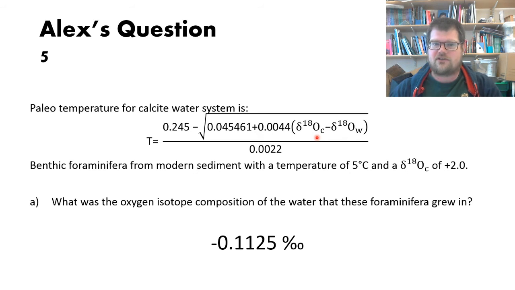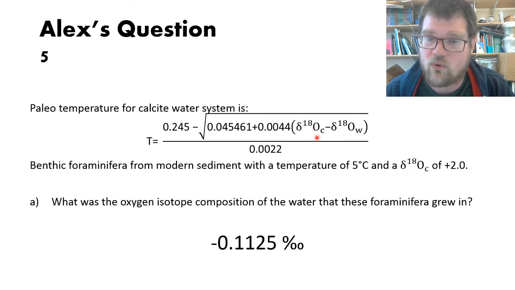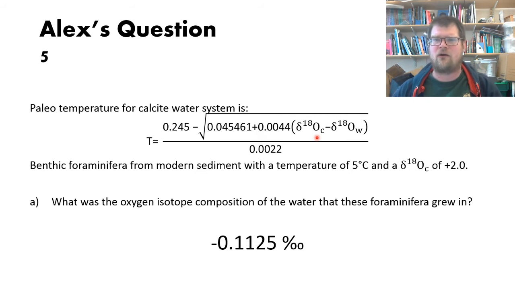The answer was minus 0.1125. Now, many people got this, many people didn't get it because they made some simple maths errors rearranging this equation. So I won't go into exactly how to rearrange it now, it should be fairly straightforward.